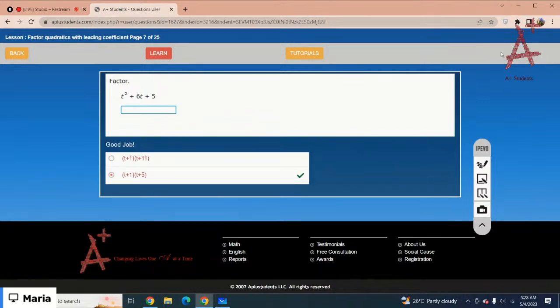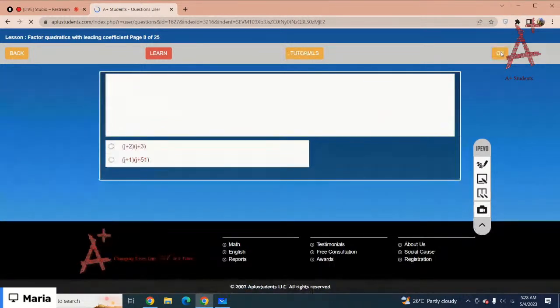So that would be option number 2, t plus 1 and t plus 5, is the correct option.